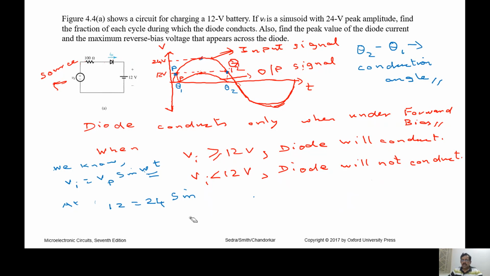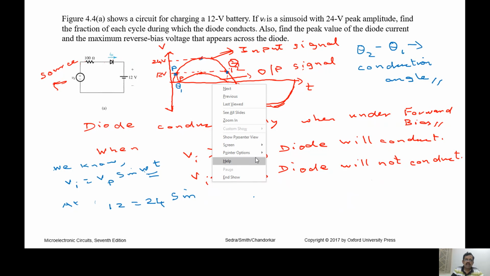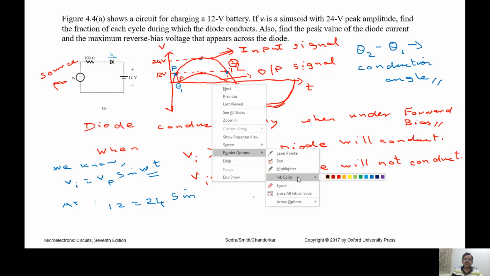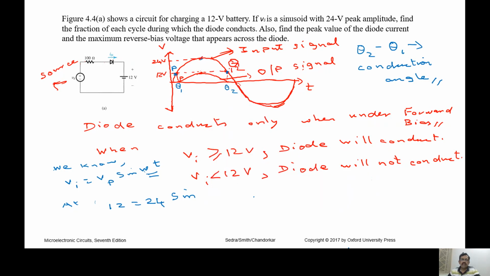I should be very careful there. That will be equivalent to sine theta 1. I should write it that way only, not 90 minus theta, because that is a sinusoidal form. So don't get me wrong there.